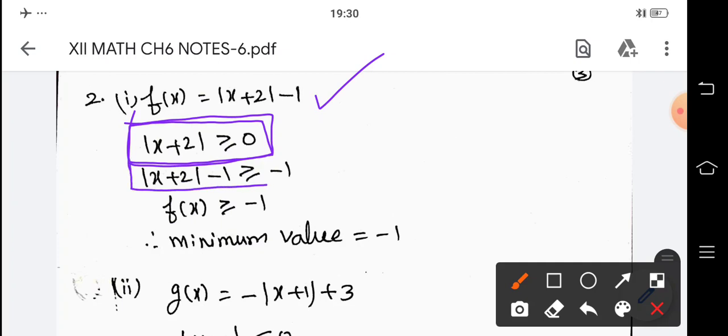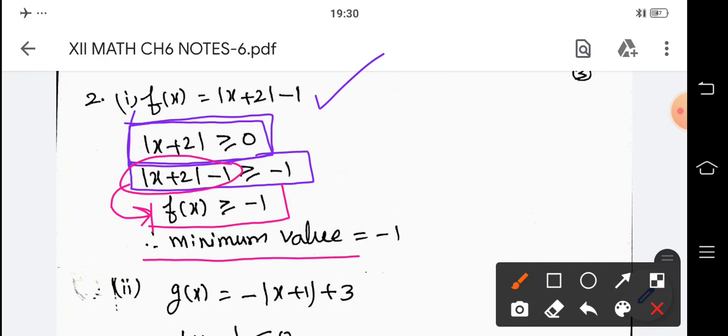Adding minus 1 on both sides, we get modulus of x plus 2 minus 1 greater than or equal to minus 1. But this is f of x. So f of x is greater than or equal to minus 1. That means f of x is either minus 1 or more than minus 1, so it will have a minimum value, which is minus 1.